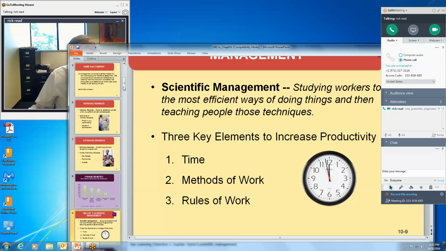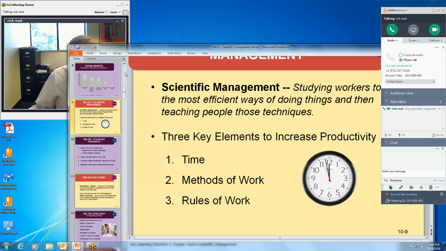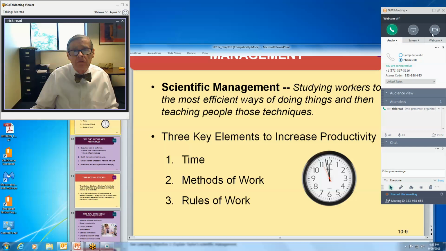So we come to theories of motivation, and the first one we come to is what is known as scientific management. Scientific management is really indelibly intertwined with the theories and research done by Frederick W. Taylor, known as the father of scientific management.